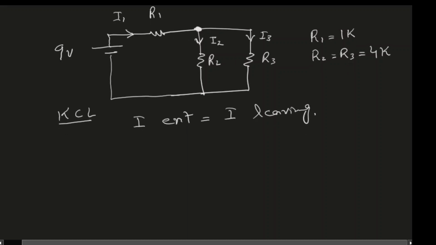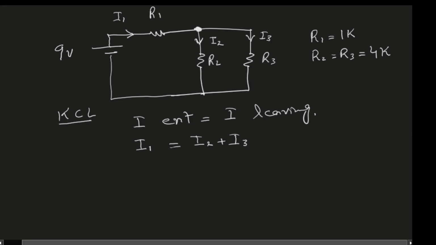Now the current entering the node is I1, and the currents that are leaving are I2 plus I3. So we have this equation, but in this case, I have used a constant voltage source, and so far we do not know the value of I1. Because of that, we do not know the voltages, and we cannot really simplify it any further.